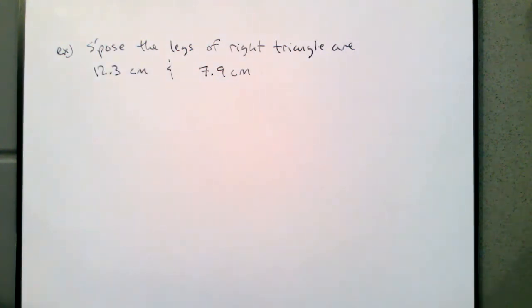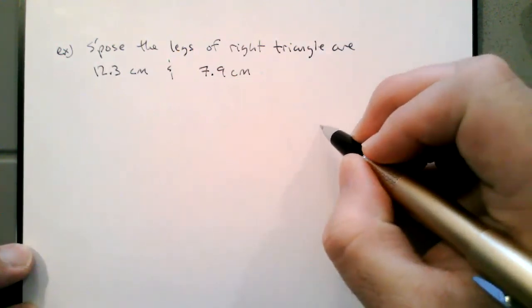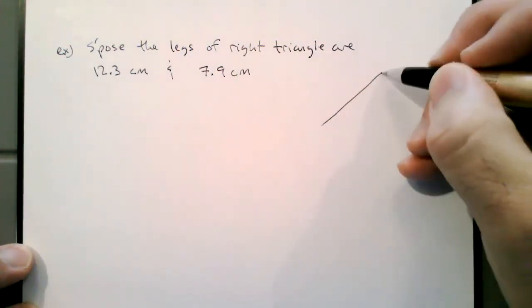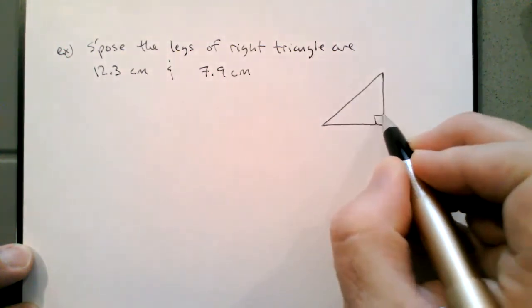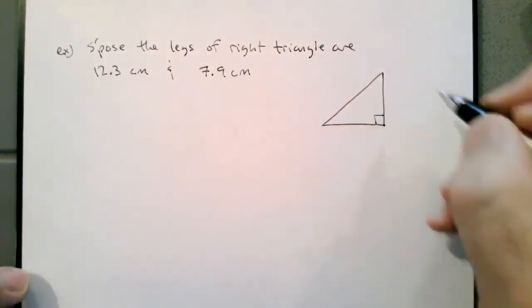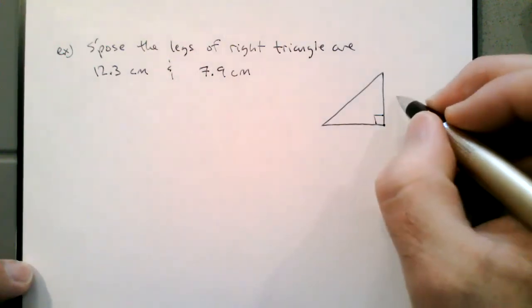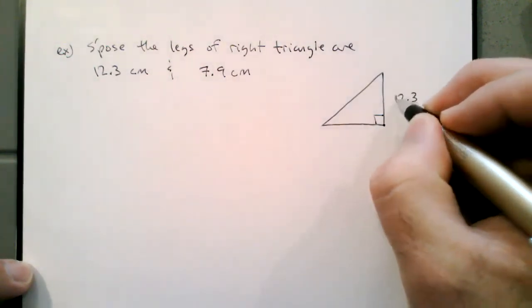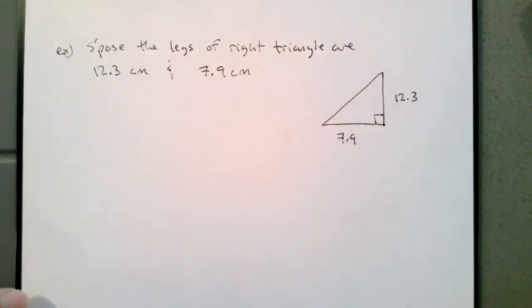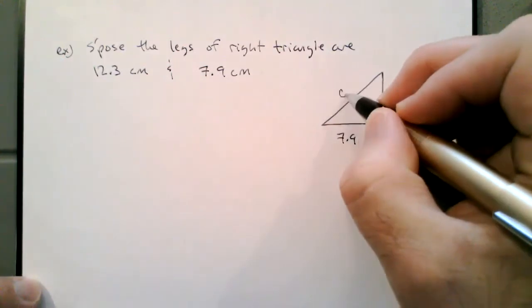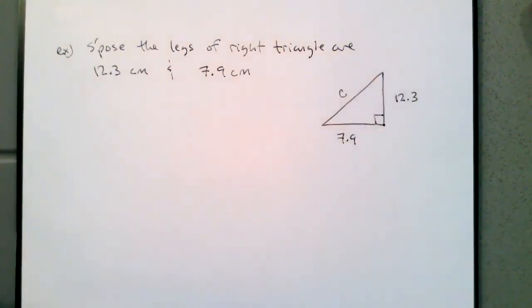So if I draw a picture of this, I'm going to call one of these legs 12.3 and the other leg 7.9, which means we don't know what the hypotenuse is. If we knew the hypotenuse, I would have said one of the legs is 12.3 and the hypotenuse is whatever it is, at which point I wouldn't have needed to say right triangle.